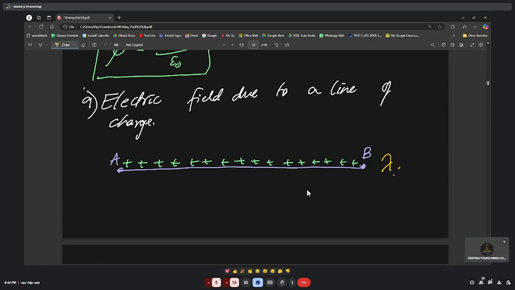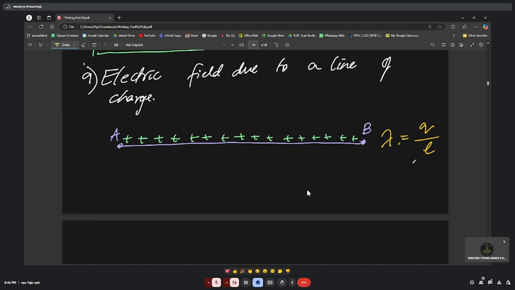What is meant by linear charge density? It is charge per unit length, very similar to density, which is mass per unit volume. That way we call this linear charge density, because it is just a wire in only one dimension. We express the charge per length, and hence you call it linear charge density. Coulomb per meter is the unit for lambda.